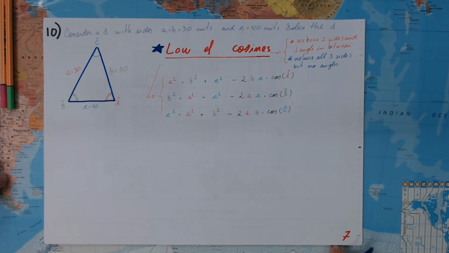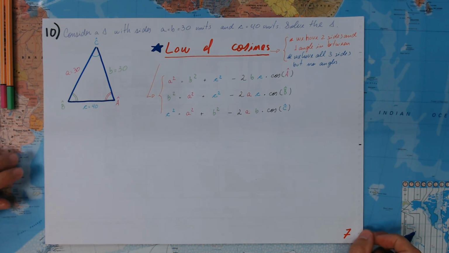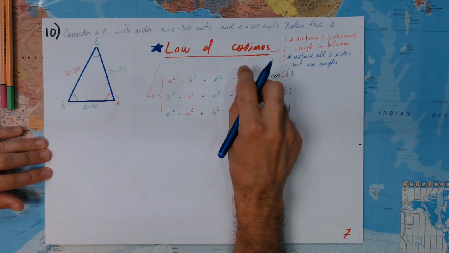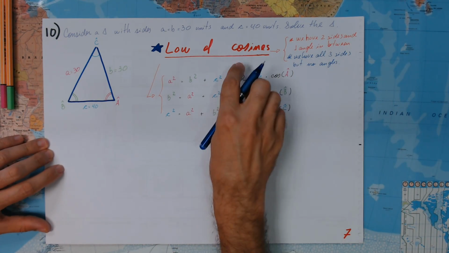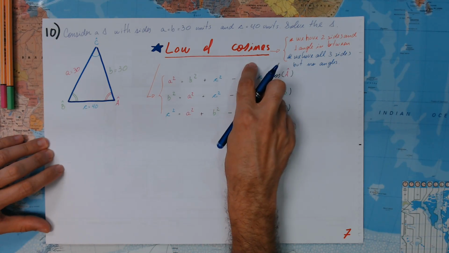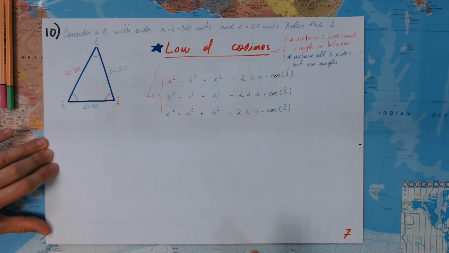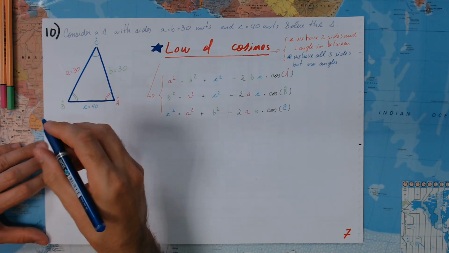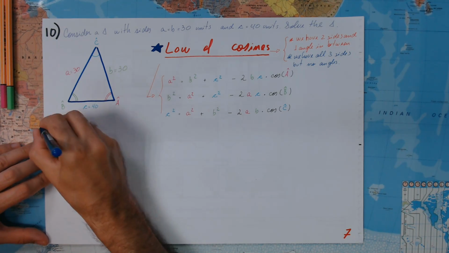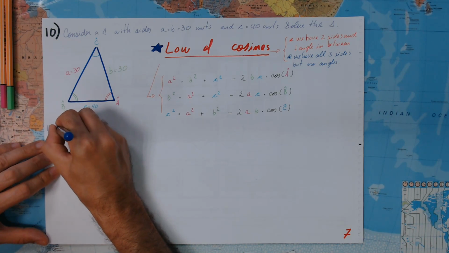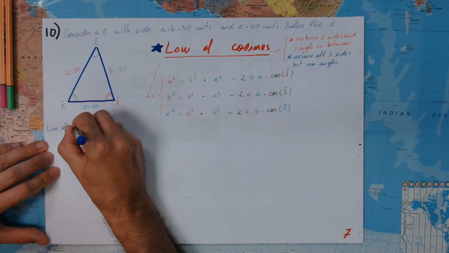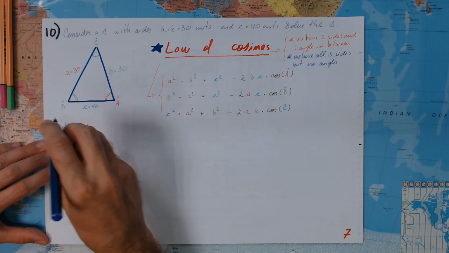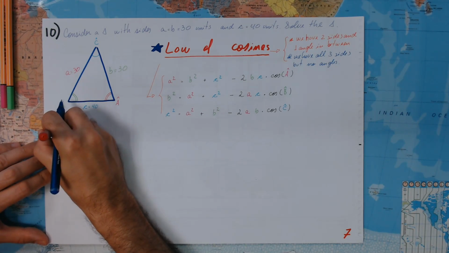Now, before we continue, I would like to make a small notation in here. We have to be careful about something about this law of sines, not about the law of cosines, but I'm going to explain everything. Let's start with the easier case, which is the law of cosines. When you're using this law, you just have to understand something.